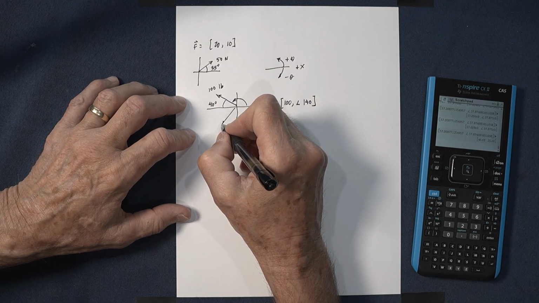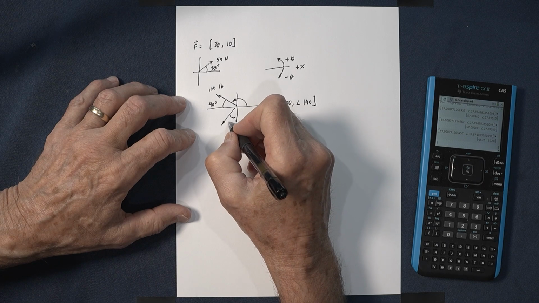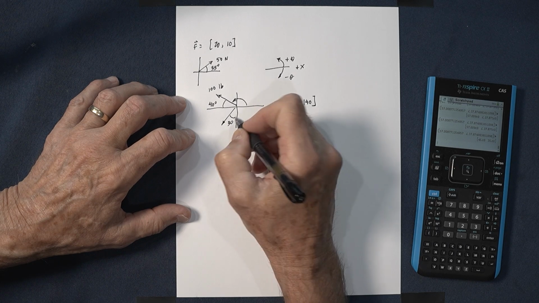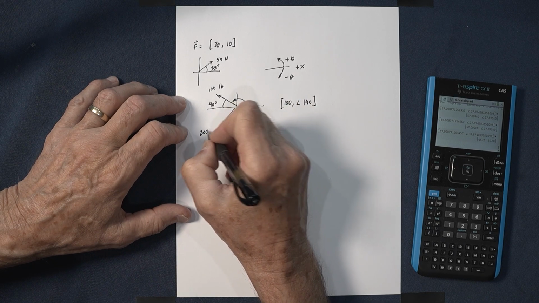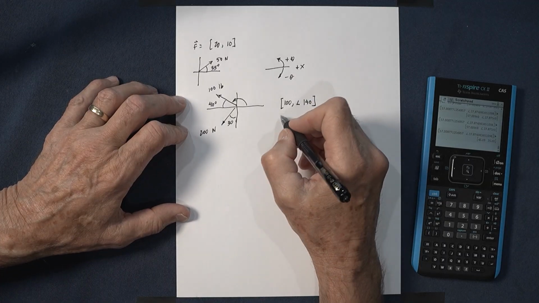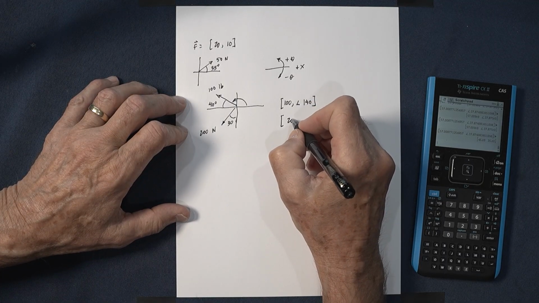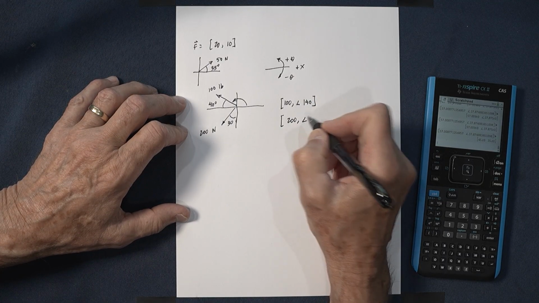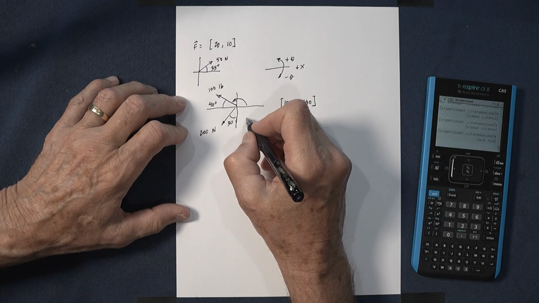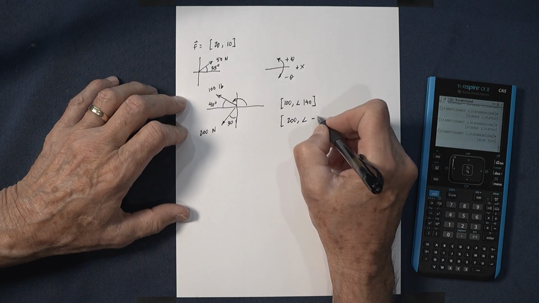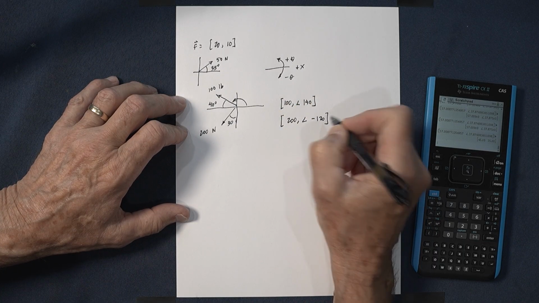If I have a vector down here that's 30 degrees from the negative y, and it's 200 newtons, then it gets entered as 200, comma, angle, and this is minus 120.